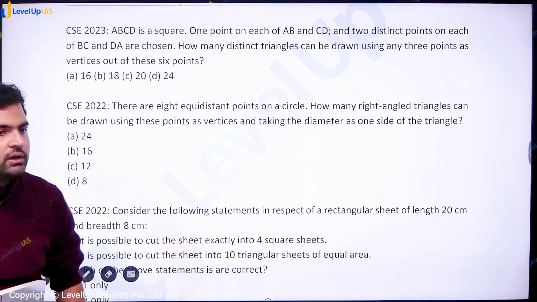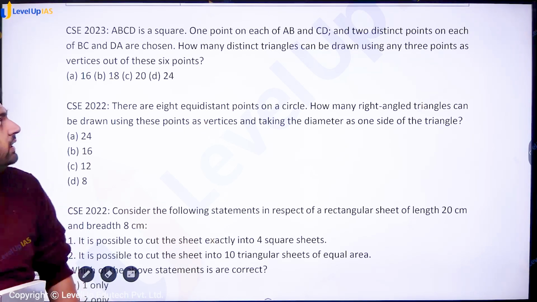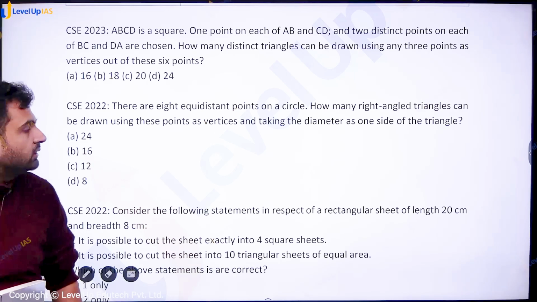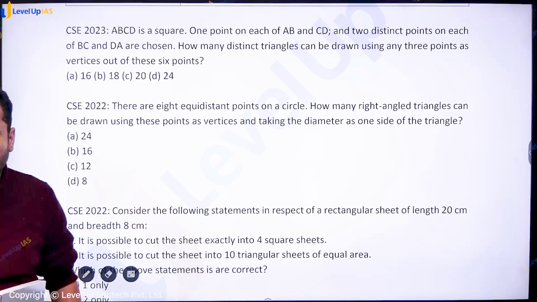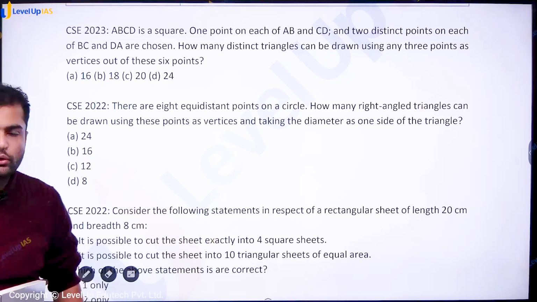But firstly, draw the figure as per the question. Let us see how it looks. We are given ABCD is a square. Now you know what a square is.